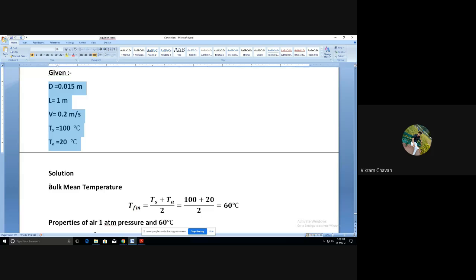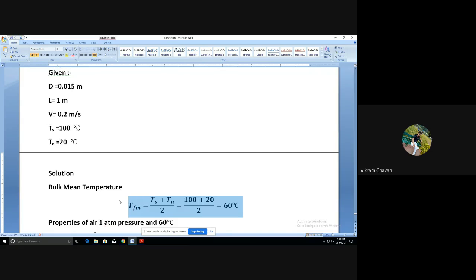The bulk mean temperature is given as T suffix Fm, which is equal to T suffix S plus T suffix A divided by 2. Surface temperature plus fluid temperature divided by 2 is the average temperature of the surface and fluid.